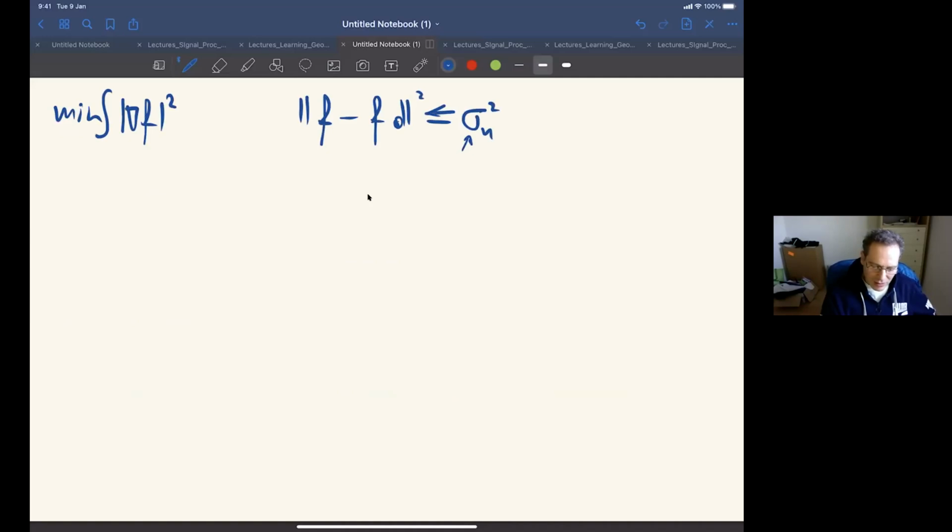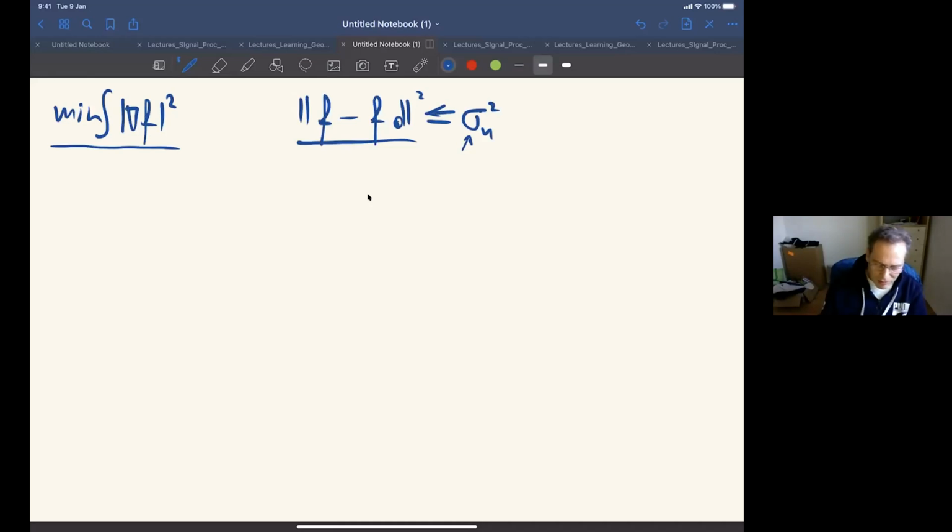Then the original idea was to minimize this guy using this constraint, and you can either apply Lagrange multipliers or whatever. But this was basically the main theme behind classical image denoising, I would say, in the 90s and the 80s.